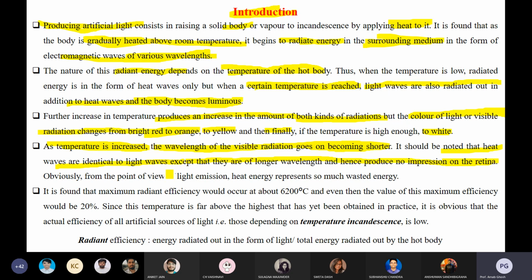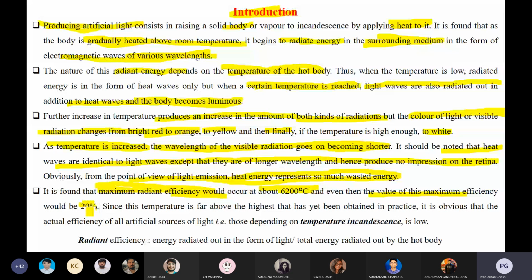So it's about our eyes. From the point of view of light emission, heat energy represents so much wastage of energy. It is found that maximum radiant efficiency would occur around 6200, and even then the value of the maximum efficiency would be only 20%.